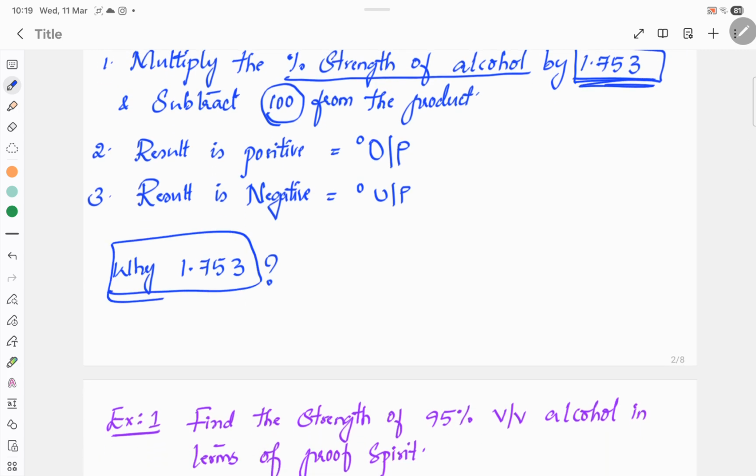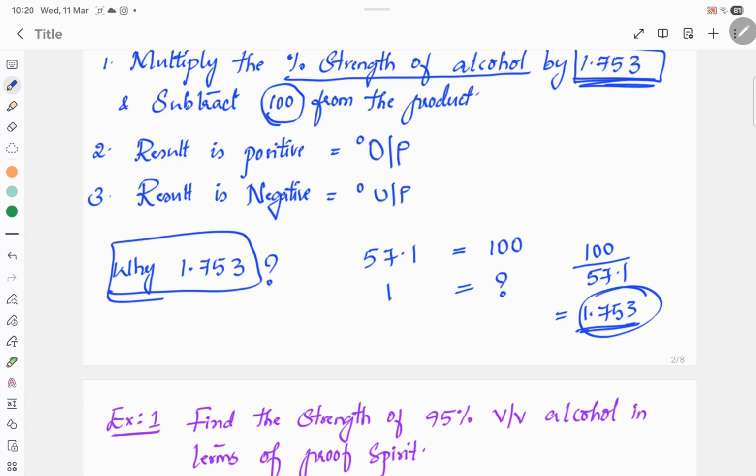Because 57.1% volume of ethyl alcohol is 100 proof, the one volume of proof is 100 divided by 57.1, which gives the value 1.753. That is why you multiply the percentage strength by 1.753 and then subtract 100 from this.